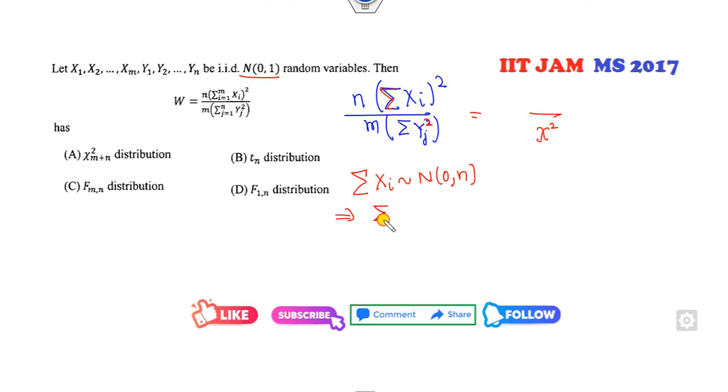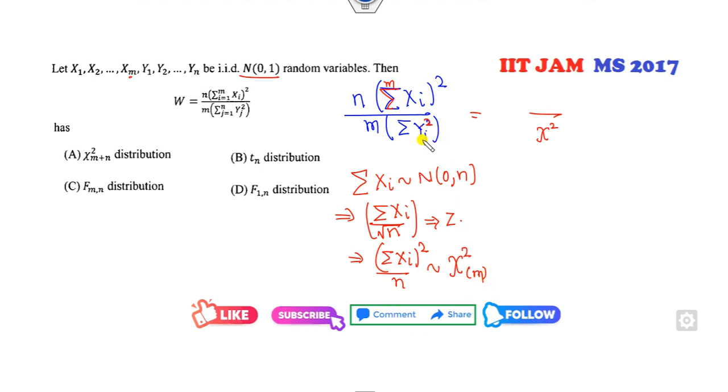Then I can convert it into z, xi minus 0 over 1. This is my z distribution. If I put a square, then the summation follows a chi-square distribution with degrees of freedom m. Sorry, m. It will be m.